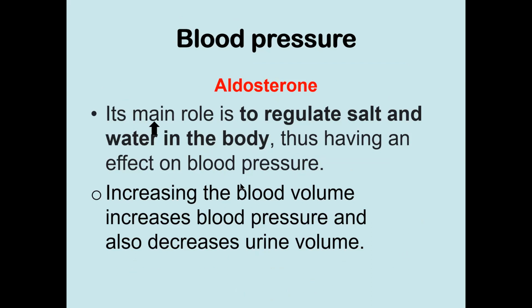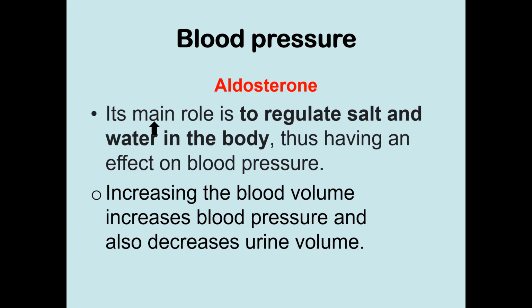Okay, so it affects blood pressure, and increasing this blood volume, which is what it does, increases the pressure, not the constriction of the blood vessels, but the amount of blood. That means the amount of water that's in them. And also it reduces the amount of urine that's produced, again, holding back the water. So increase the blood pressure.